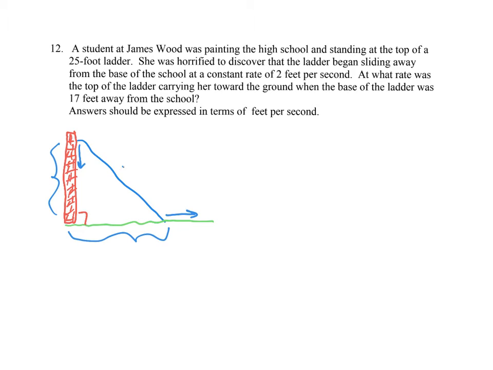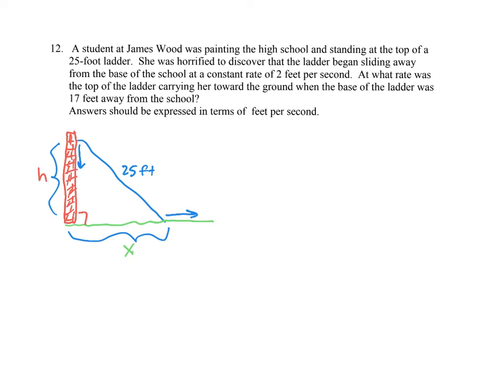The ladder is not changing measurements, so we're going to call that 25 feet. But what is changing is the height from the ground to the top of the ladder. So I'm going to put a variable h over here. And then the other thing that's changing is on the ground here, the distance from the wall to the tip of the ladder is growing. So I'm going to put a variable here and call that x.